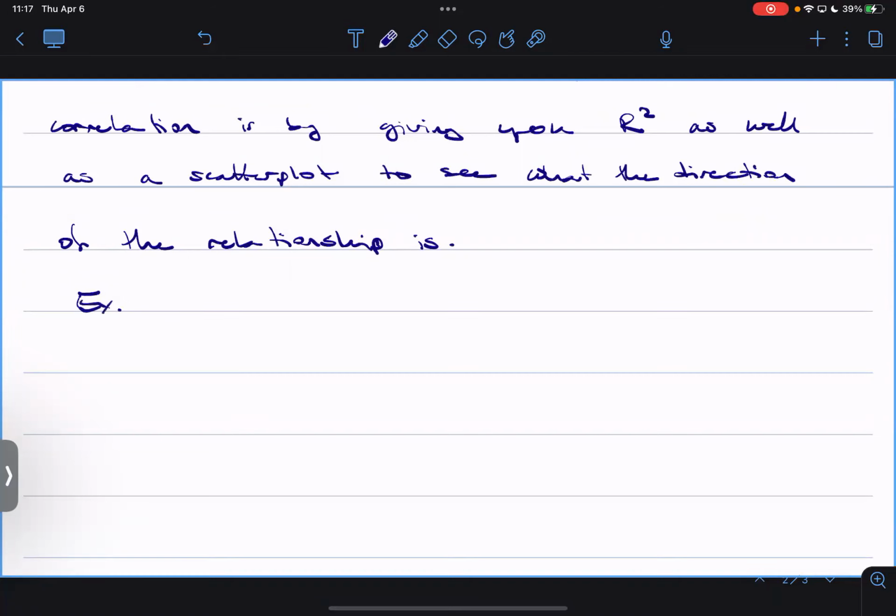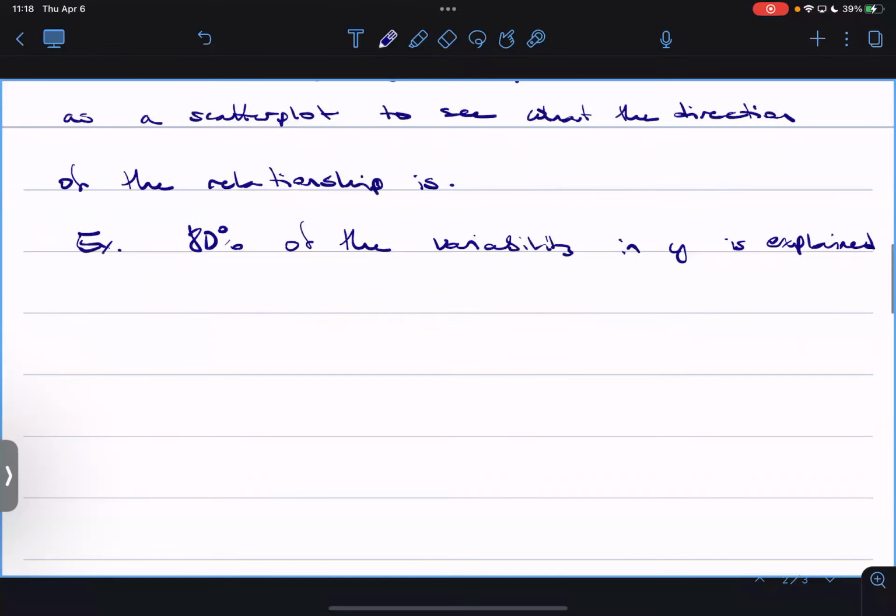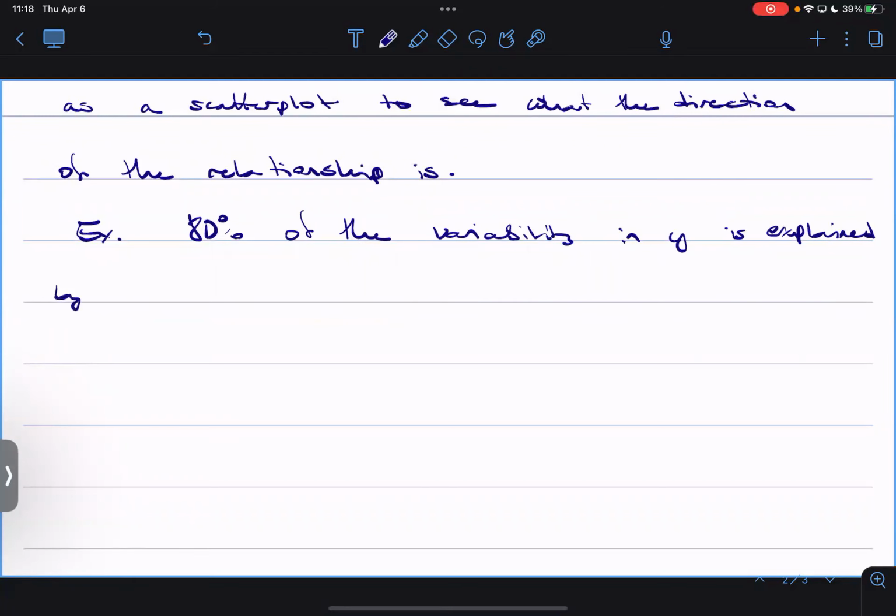So for example, 80% of the variability in Y is explained by the least squares regression line on X. What is the correlation?